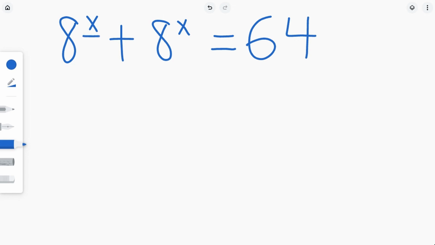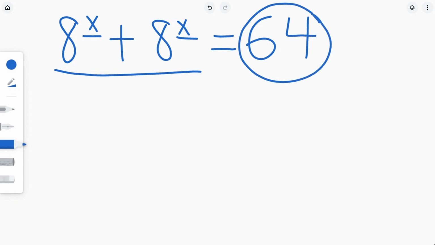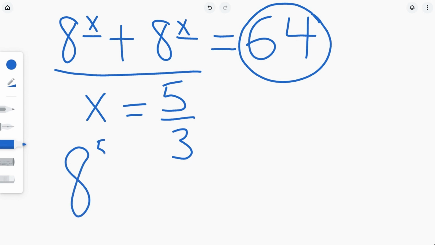So we have 2 x's as the exponent, and the equation is equal to 64. So when we do this, x is equal to what? 5 over 3. So because of that, when we add these two terms, it should give us the solution of 64.